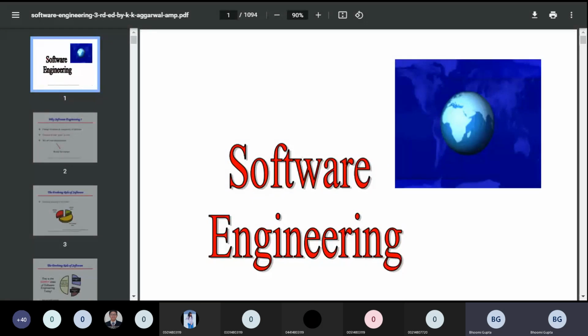But the whole software industry is divided into back end and front end developer profiles. But there is one section known as analyst jobs, which requires hardcore study of this particular subject, which is software engineering.